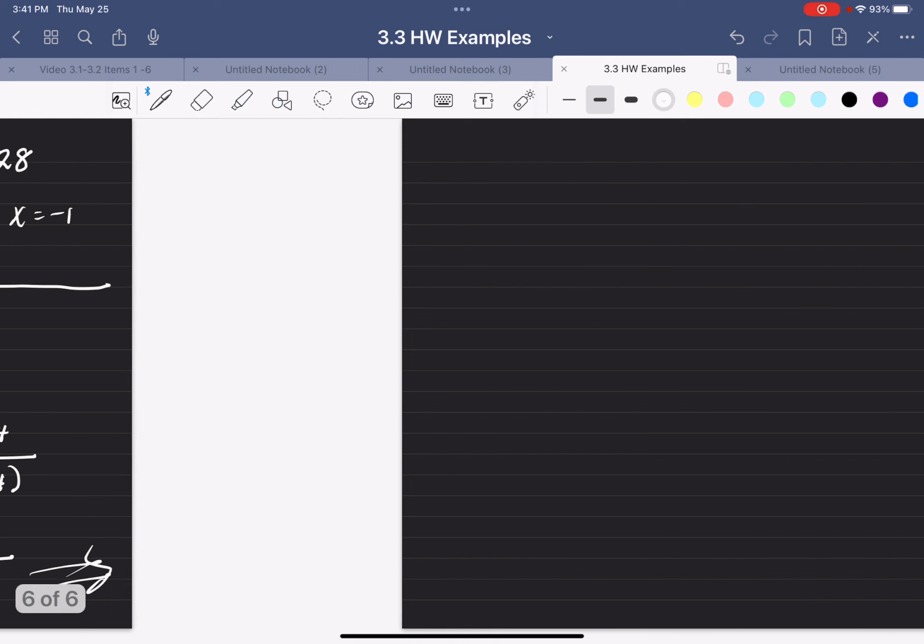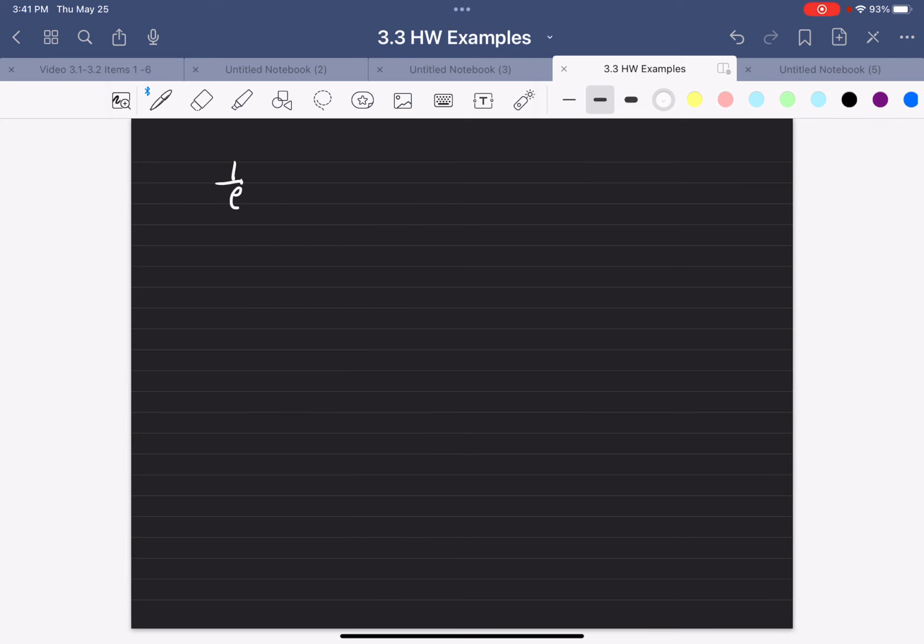So that's 1 over e minus 1 over e to the 4th. -1 plus 4 is going to give me a 3 denominator.